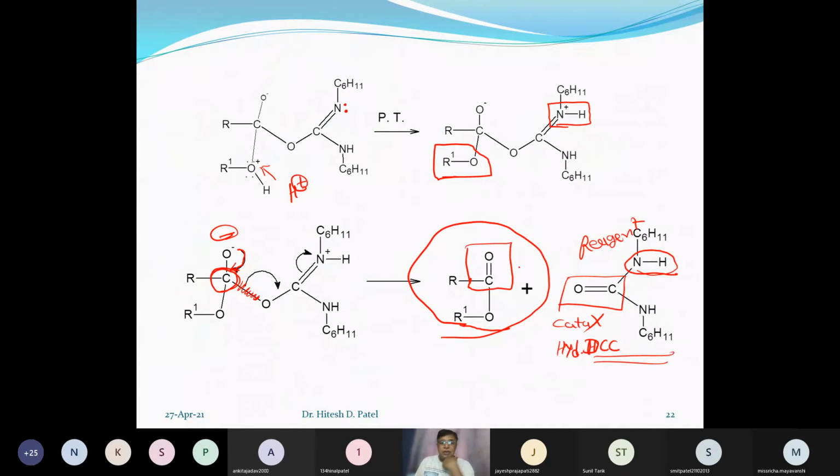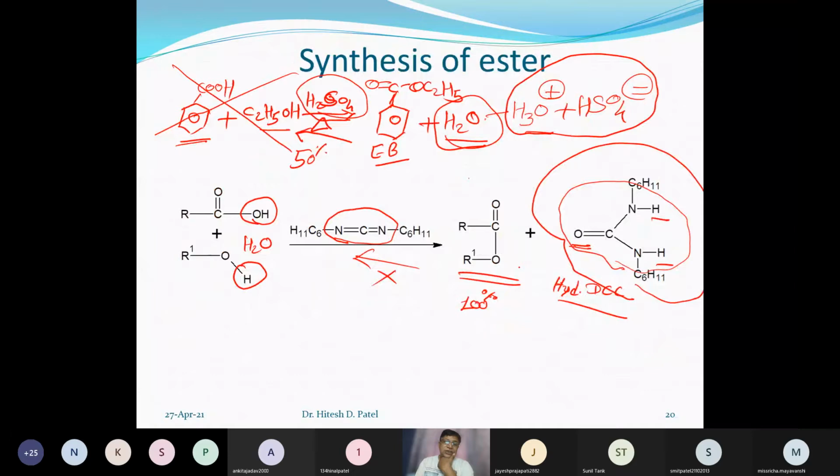Now keep in mind what type of question can be asked in the exam. Instead of this R, meaning the R of the acid, we can take various types of alkyl groups and various types of aryl groups, and with the support of that we can prepare various types of compounds.